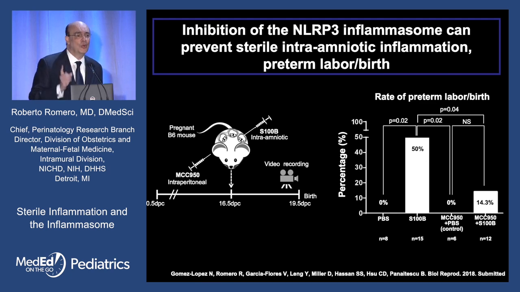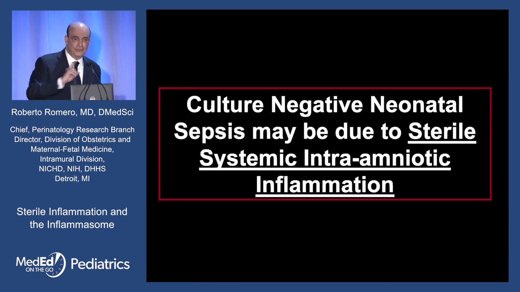Now, what are the take-home messages? First, we tend to believe that culture-negative sepsis is rare. This is the condition in which we identify that the babies are sick in the nursery, but the cultures are negative. What is that condition?